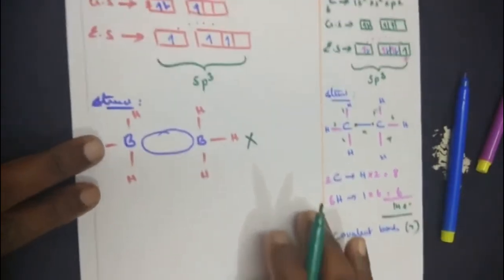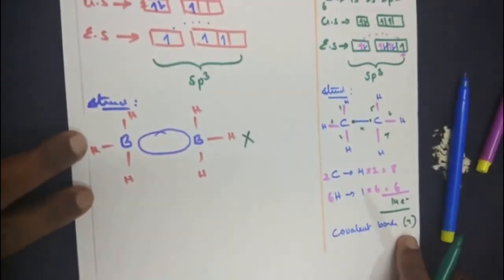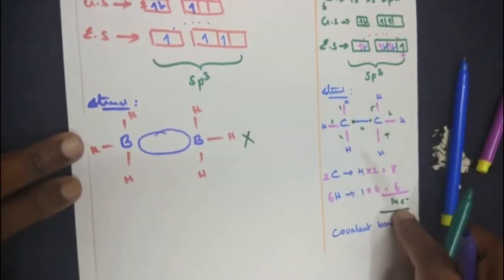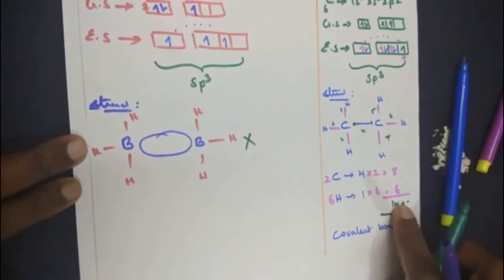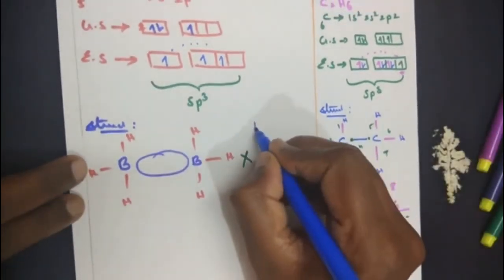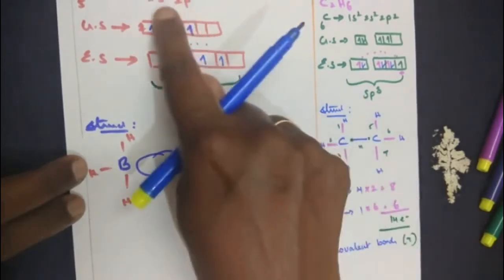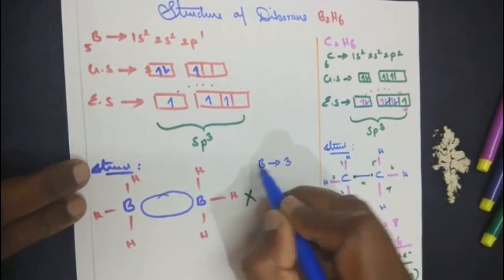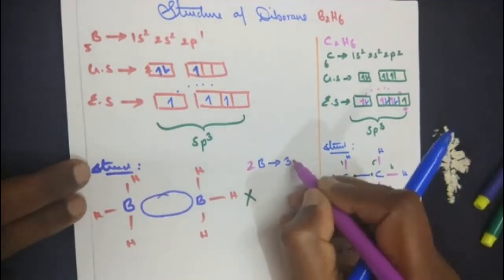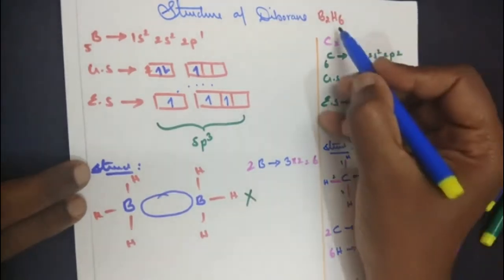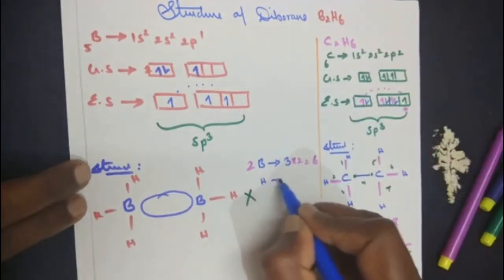Now as we told you, to form 7 covalent bonds, 14 electrons are required. Now let's check the number of electrons here. 1 boron gives us how many valence electrons? 3 valence electrons. So for 2 borons, how many electrons will be there? 6 electrons. Now 1 hydrogen gives us 1 electron.